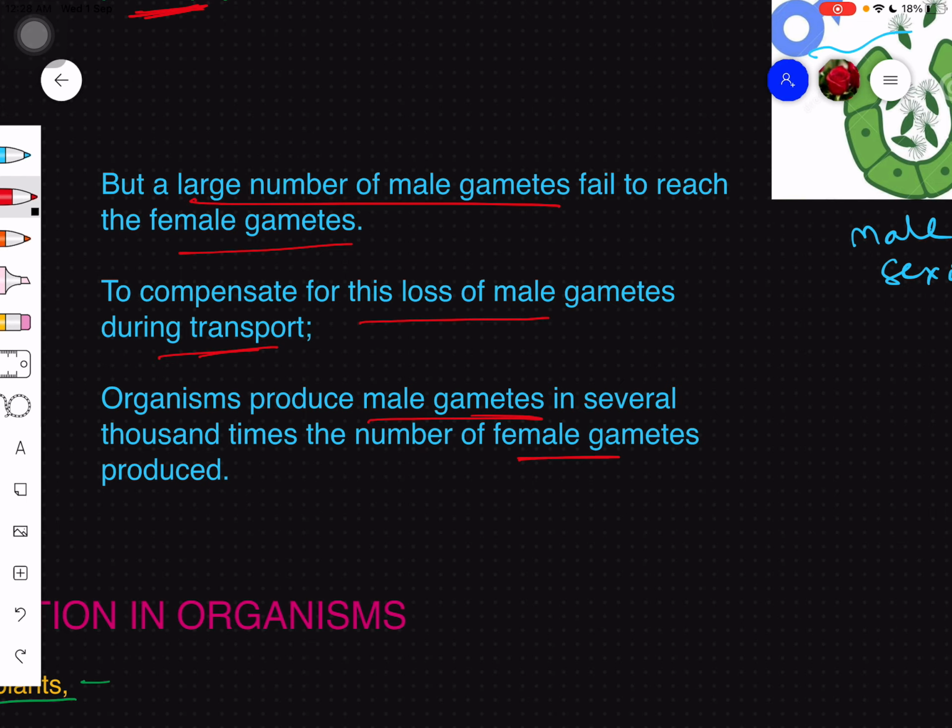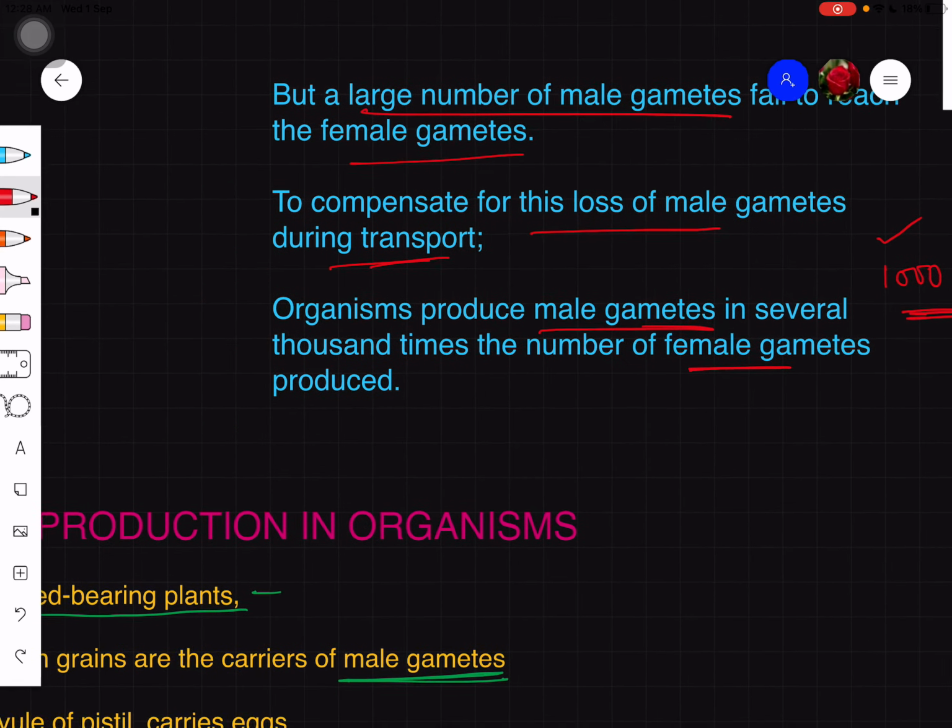Suppose a plant produces 1000 male gametes, it produces 1 female gamete. Why is it producing more male gametes? To increase the chances of a male gamete reaching the female gamete, because most of the male gametes are lost during transportation, right?